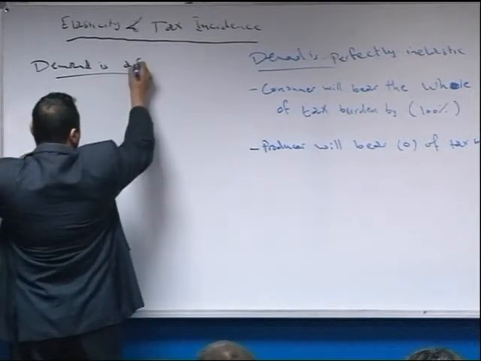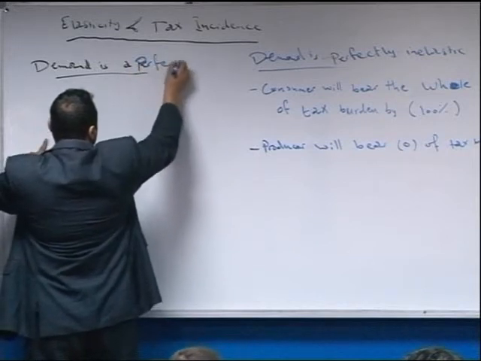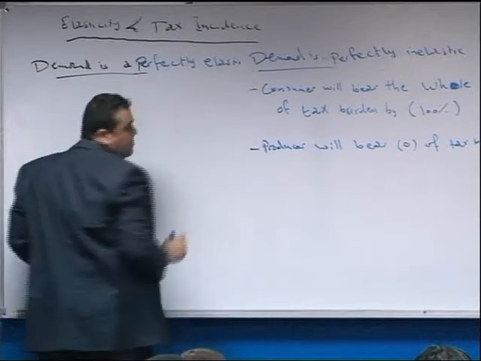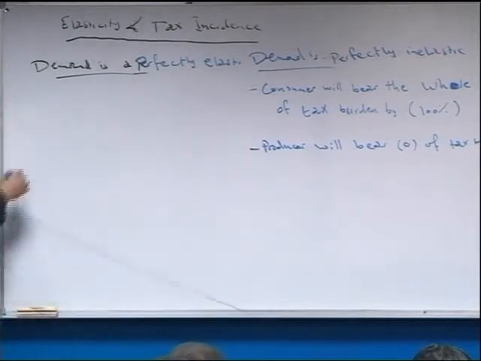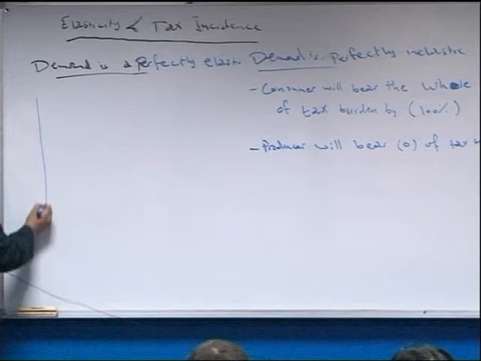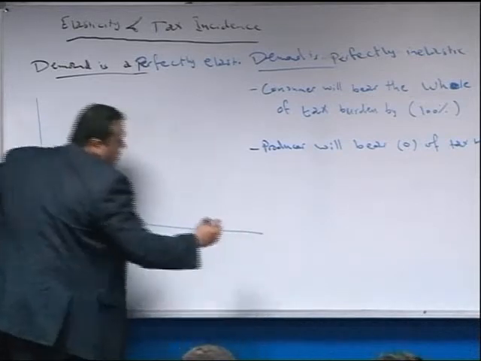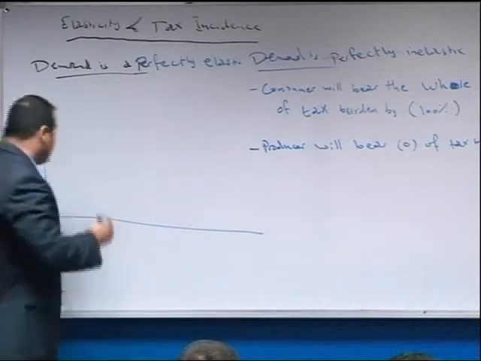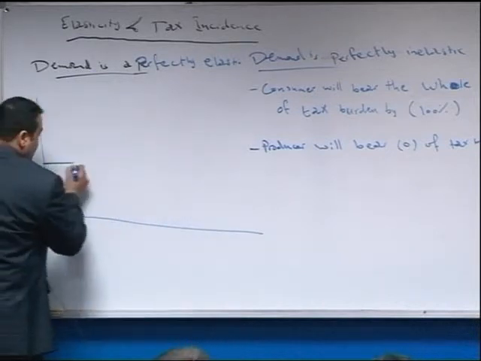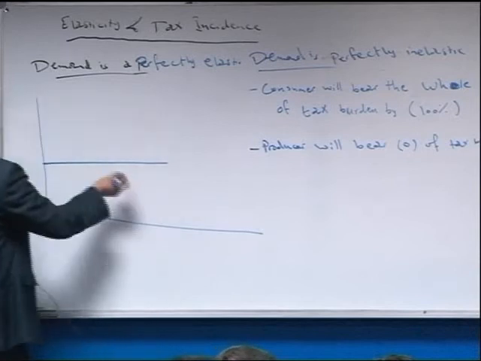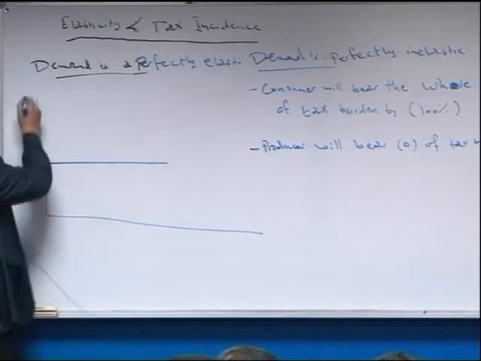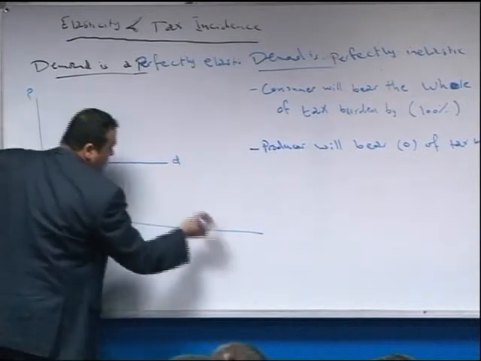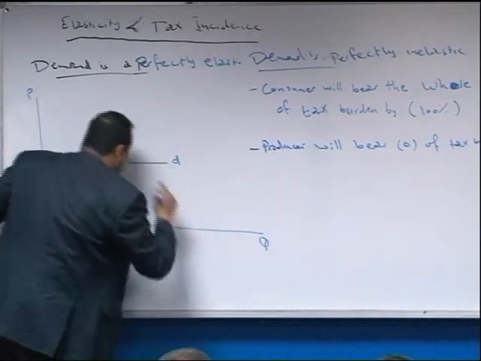When demand is perfectly elastic, it means the product has a high number of alternatives or substitutes. Okay? So the demand is a horizontal line, P, 3, D, Q.